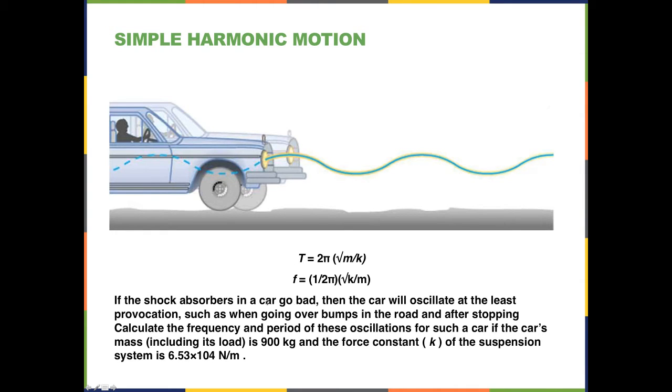So let's take a look at a problem. When shock absorbers in a car go bad, the car will oscillate at the slightest provocation, such as a bump in the road. Calculate the frequency and period of these oscillations for such a car if the car's mass is 900 kilograms and the force constant is 6.53 times 10 to the 4th newtons per meter.